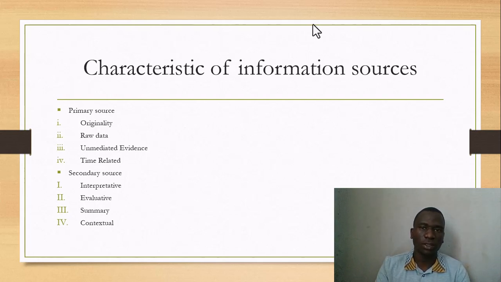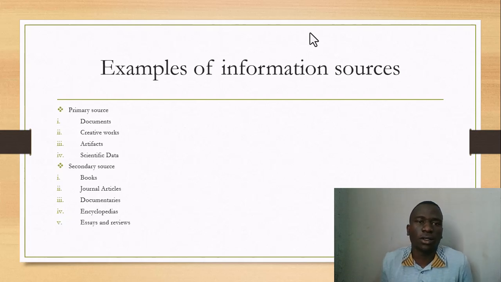This one offers opinion, like people's opinion about that particular event that has happened. Then summary. This one summarizes everything about the primary source. Then contextual. This one helps to frame the primary source into broader trends.